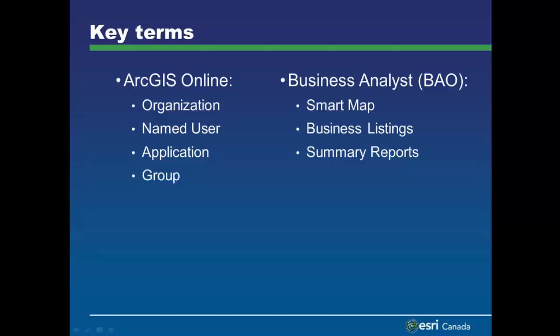Business listings, these are the Dun & Bradstreet business and facility listings that come included with Business Analyst, or the actual Business Analyst suite of applications. So Business Analyst Online in addition to Business Analyst Desktop. And then finally, the summary reports. So these are demographic reports that are included within the application.